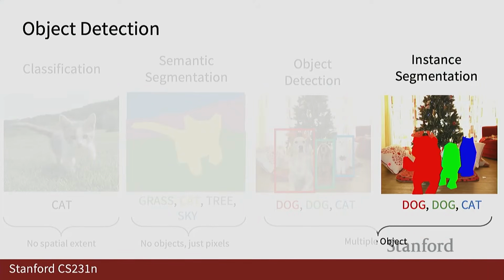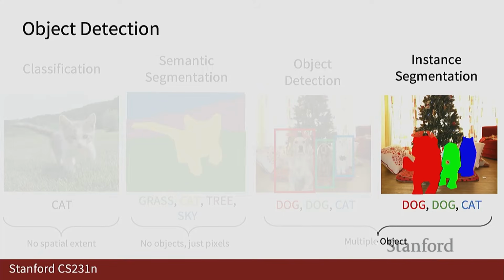And this brings us to the topic of instance segmentation, where now we not only care about the pixel classes, but also I want to know that these pixels belong to one instance of the dog, and this next one is actually a different dog, right?